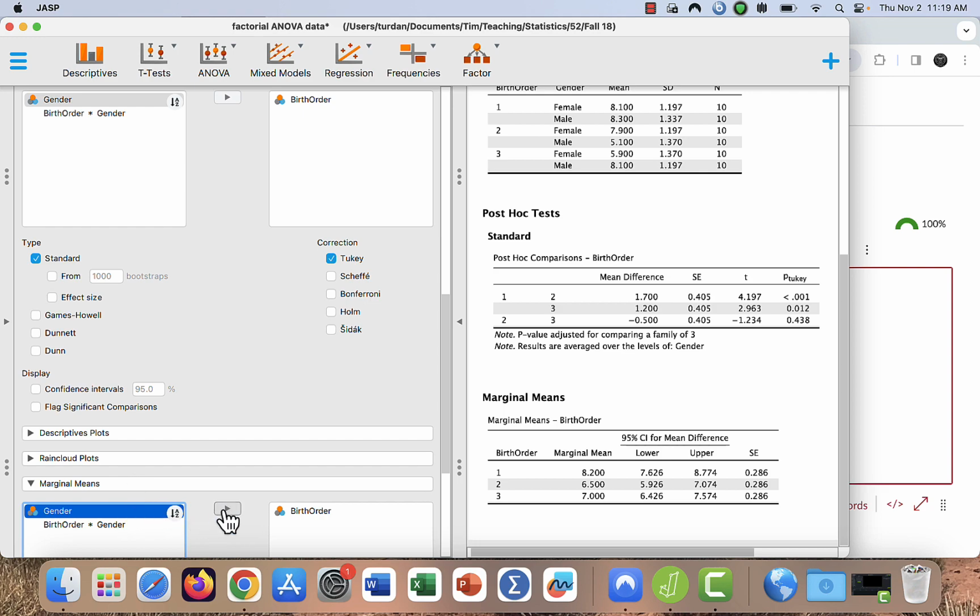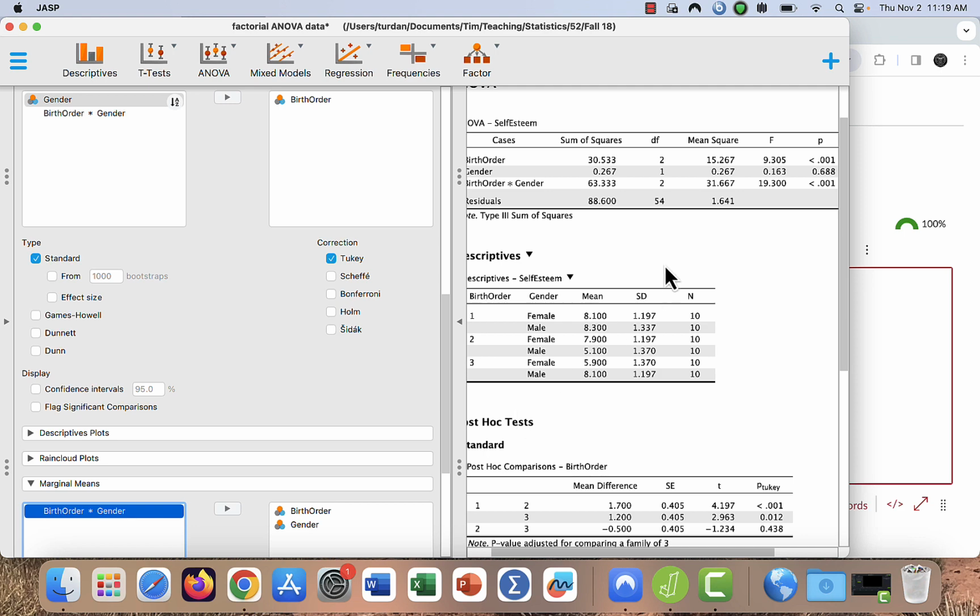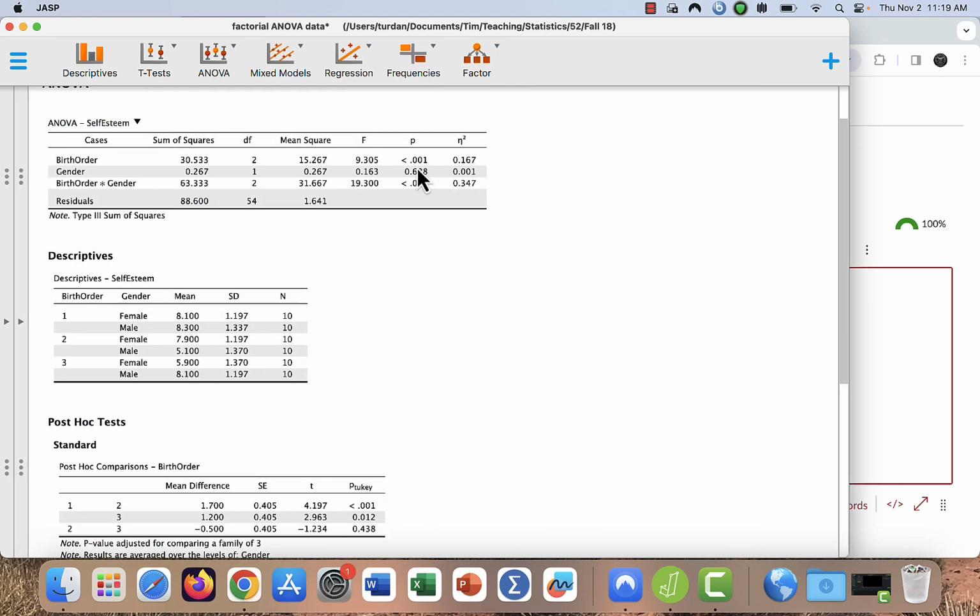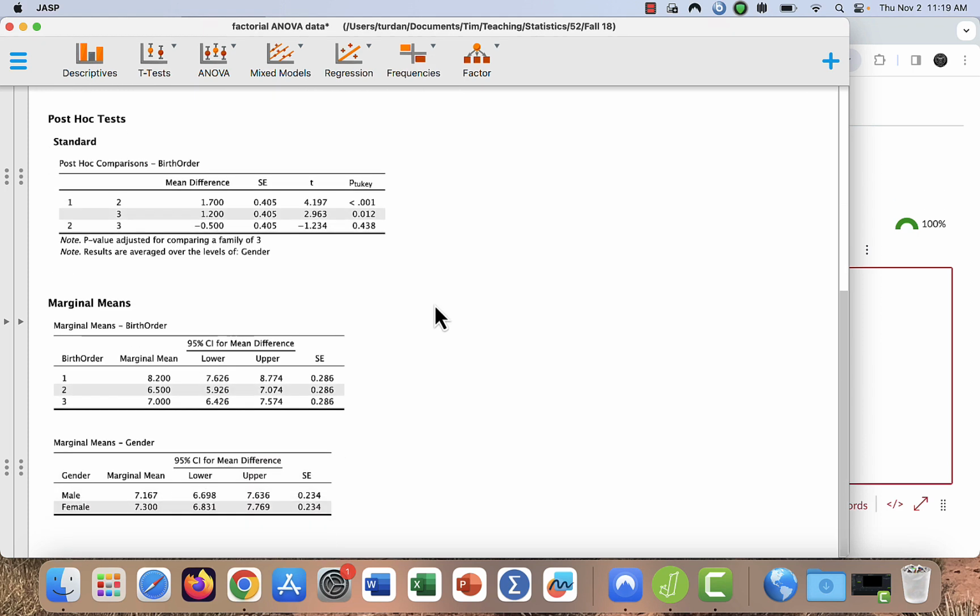I can also look at the marginal means for gender, because remember we found up here that there was not a significant difference between males and females. So when we're looking at the means for males and females, that is combining across first, second, and third born kids, we see males and females are quite similar, and it's not a statistically significant difference.